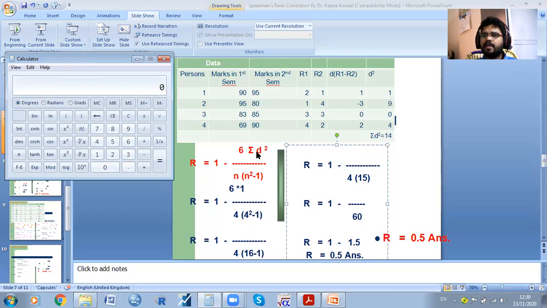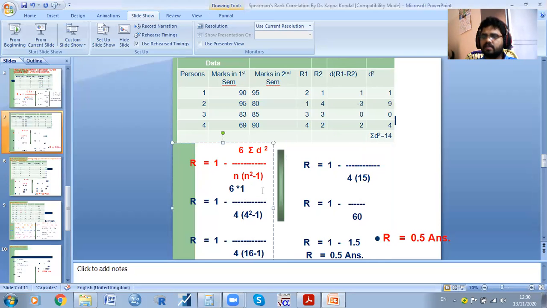Then the sum of D square is 14. N is nothing but 4. So 6 into 14 is 84, and 4 into 4 square minus 1.